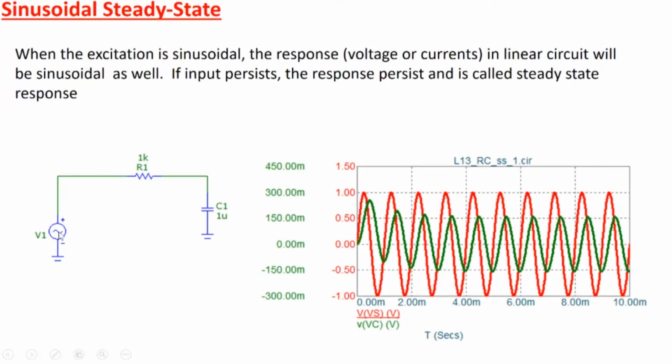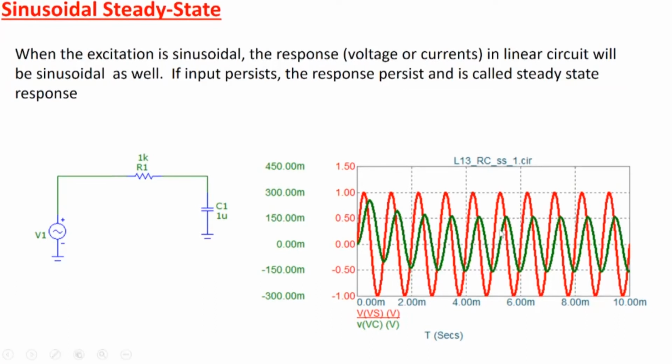Okay, so the sinusoid has been applied for a long time, so that the circuit has settled down into its periodic behavior, since the sinusoid is a periodic signal. And this periodic behavior is what we are looking at. So that's what we mean by sinusoidal steady state. Steady state does not mean no change with respect to time.